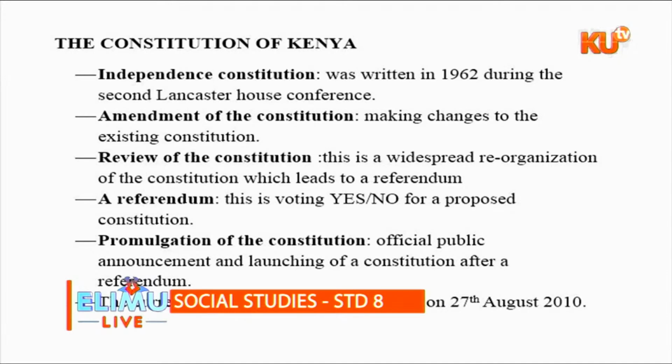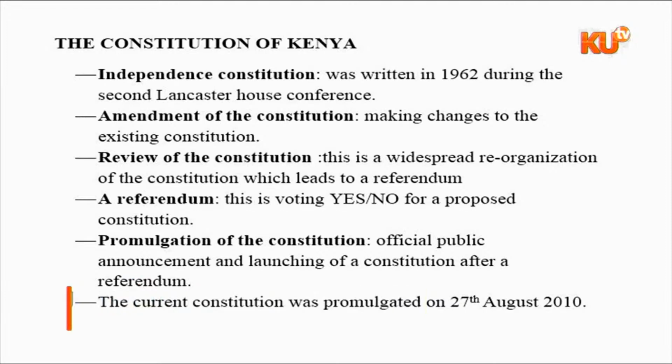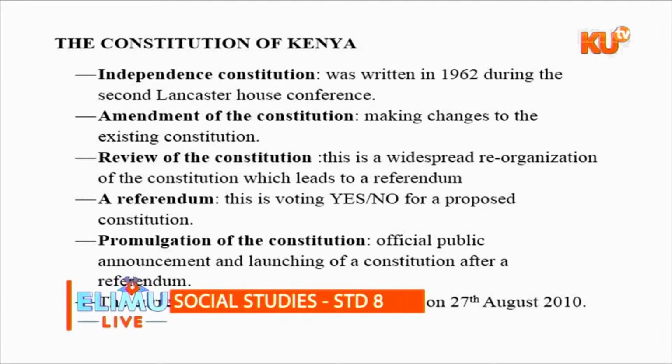So this is the constitution that we had for a long time, until we did a total overhaul of the constitution a few years ago. We shall talk about it also. So when you talk about the independence constitution, we are talking about the constitution that Kenya got independence with. And remember, as the lawyers say, a constitution is a living document.